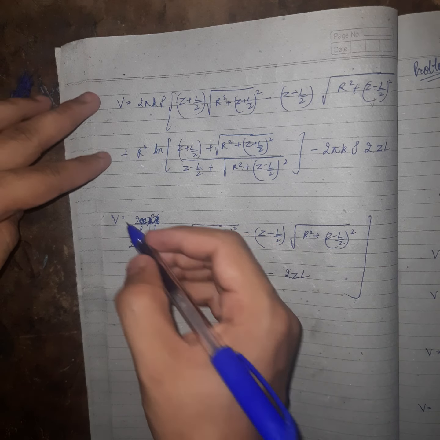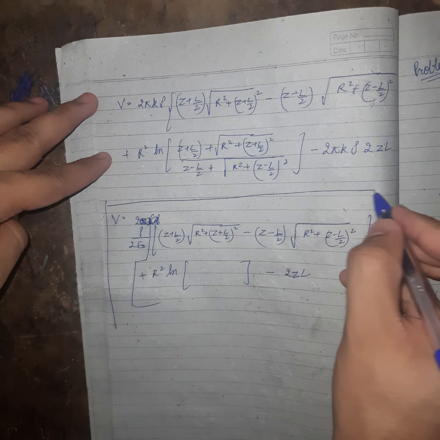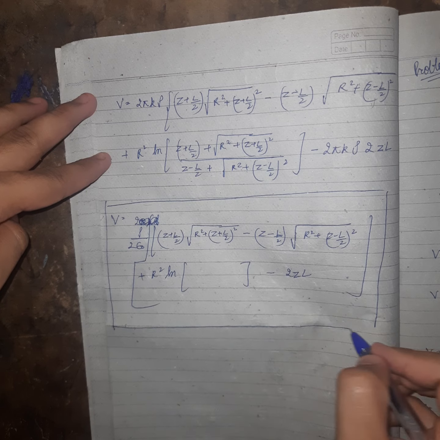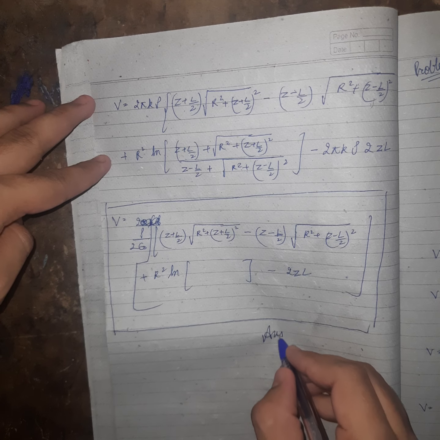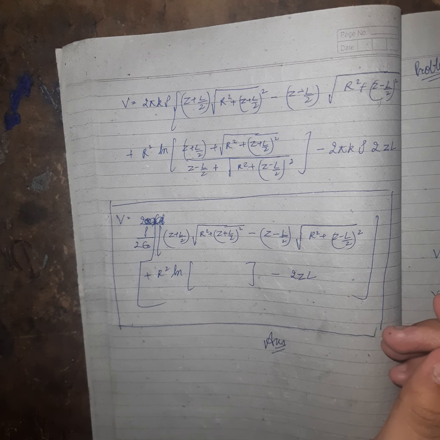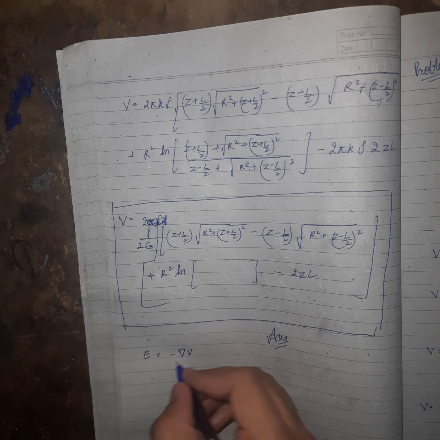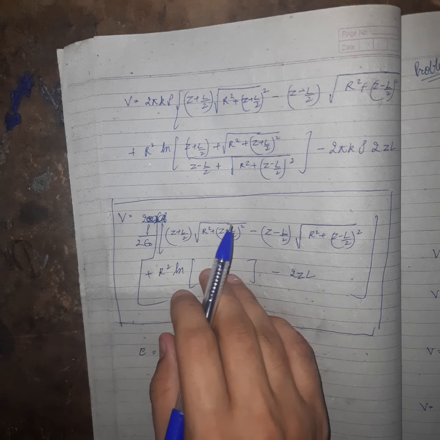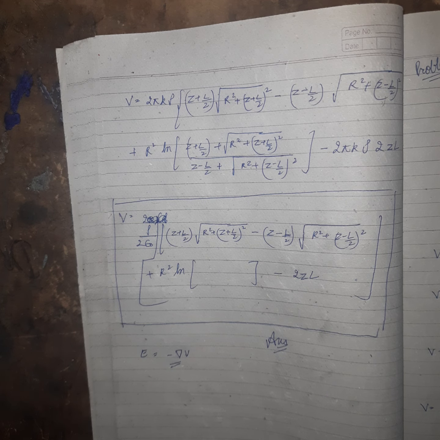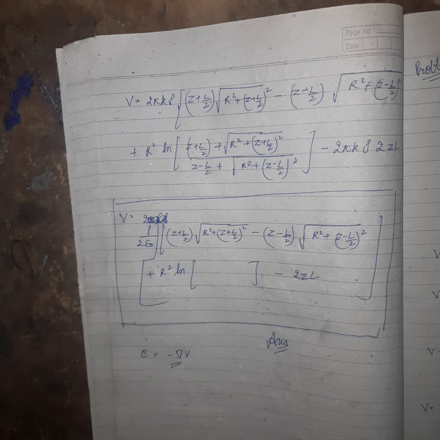So this will be the potential of the solid cylinder. This is the answer. You can verify the electric field by applying the simple formula E equals minus del V, that is, taking the gradient of this term. That's all for this video. Thank you.